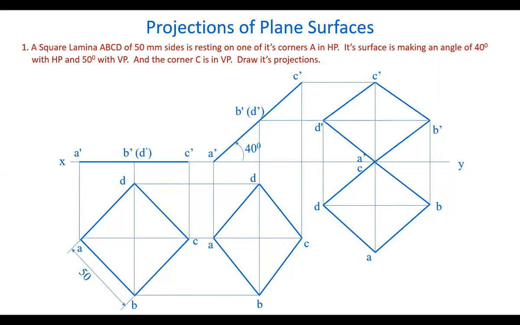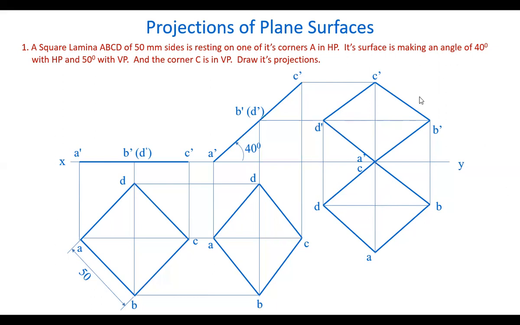This is the final front view and this is the final top view. Here, if you observe, point A is in the horizontal plane in the front view. And when you see the top view, point C is in the vertical plane.